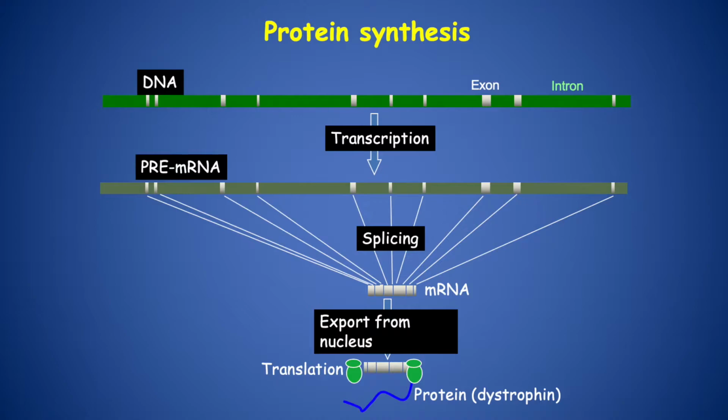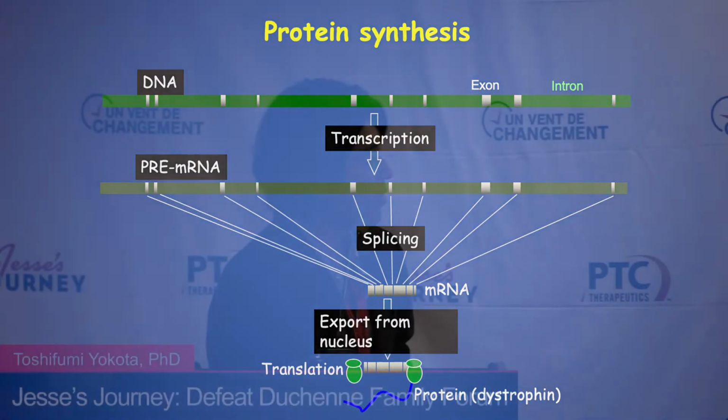After transcription, there is a transcript product called messenger RNA, which basically carries the information to produce protein. They are spliced, so only the exon parts are spliced together to form mature messenger RNA. This is exported from the nucleus and translated into protein.